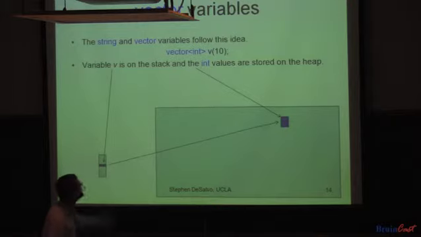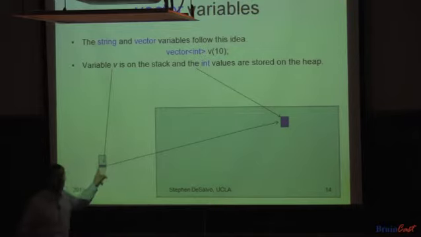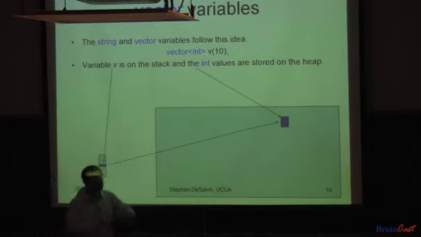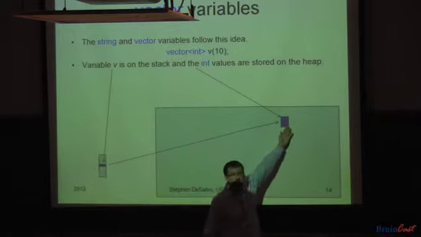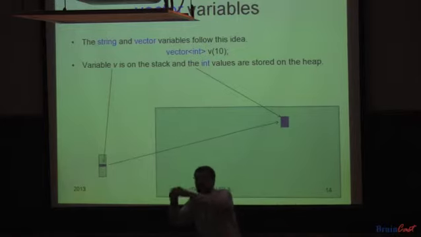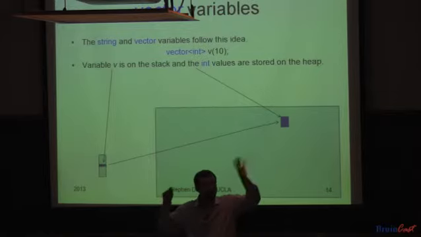And you are. V lies on the stack. But all of the elements, v of 0, v of 1, etc., automatically refer to memory on the heap. They automatically get created on the heap, and they automatically get deallocated from the heap. You don't have to worry about manually doing anything with a vector.